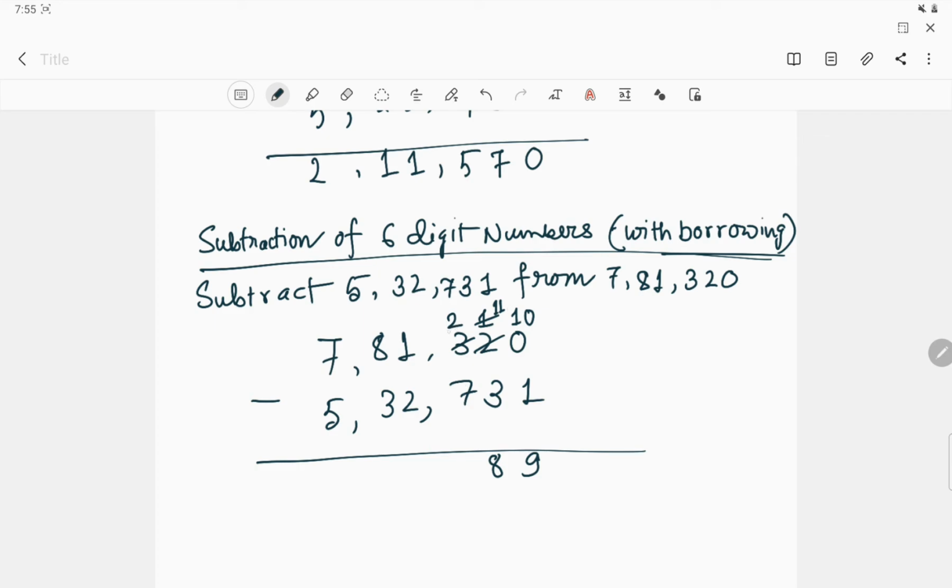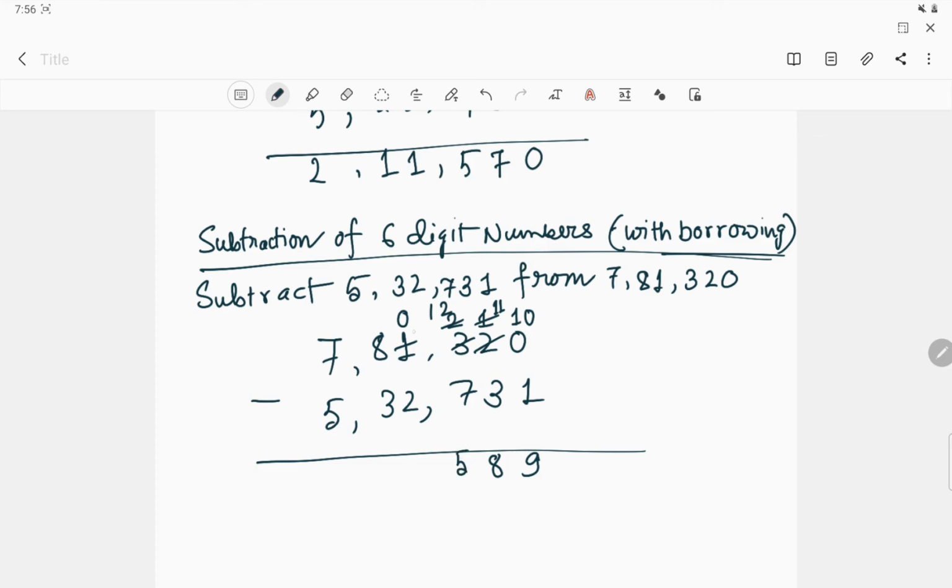So in this 100 place 2 less than 7, again you have to borrow 1000, so it will be 12. 12 minus 7, so it will be 5.